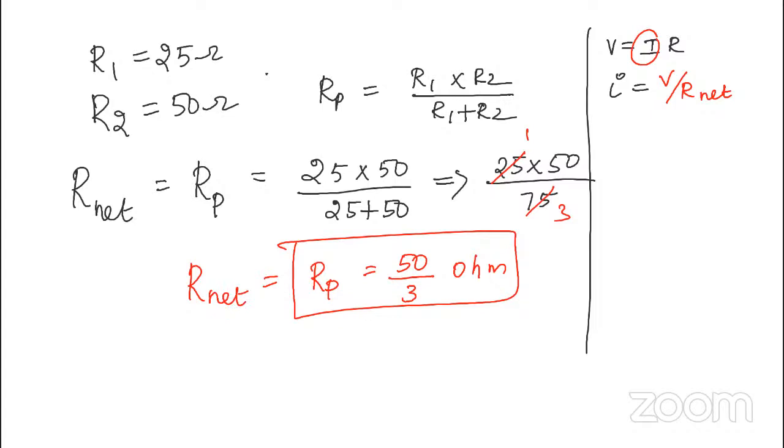Okay, right. So the V value, the cell value, the voltage given is 6. Okay, so 6 divided by the R value, which is 50 by 3. Right, so 6 into 3 by 50. Okay, so this is 1 time, this is 1 time.